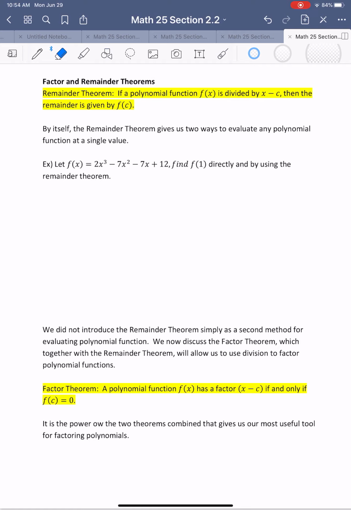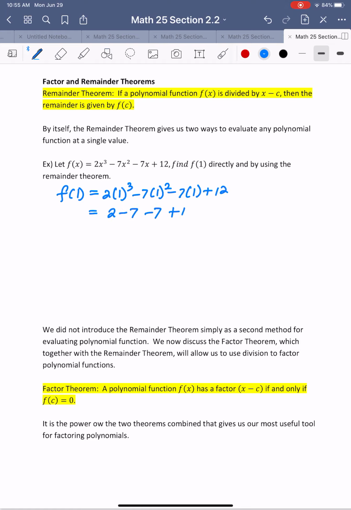So for the example, f of x, which is f of 1, I'm plugging in 1 in place of x. And then I get 2 minus 7 plus 12... and I will get 0, right?